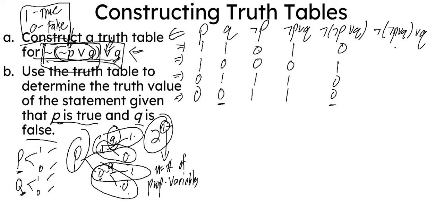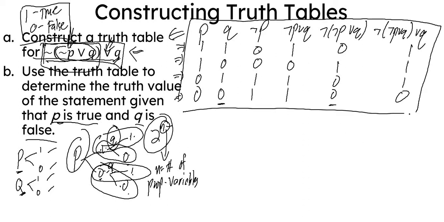So false or true is true, true or false is true, false or true is true, false or false is false. And here is now our complete truth table for the entire statement.